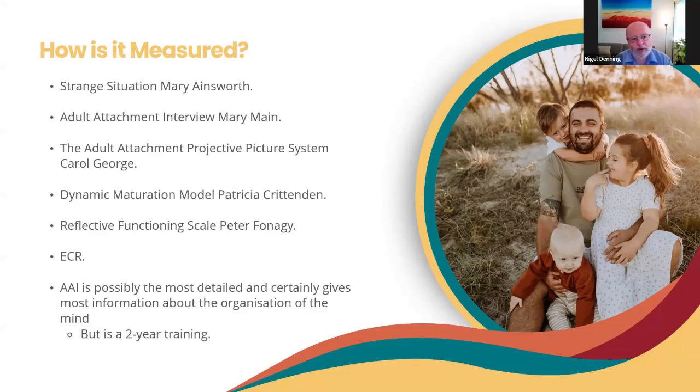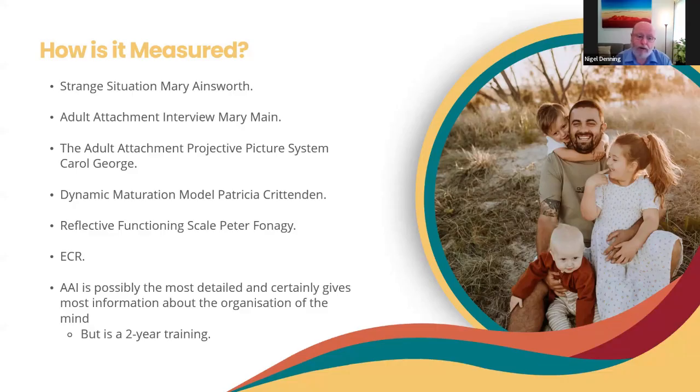So Carol George uses a projected picture system to determine and assess attachment style. Crittenden's is the Dynamic Maturation Model, and that has a lot more nuance and detail in outcome than the AAI. Peter Fonagy's Reflective Functioning Scale is a well utilized one.